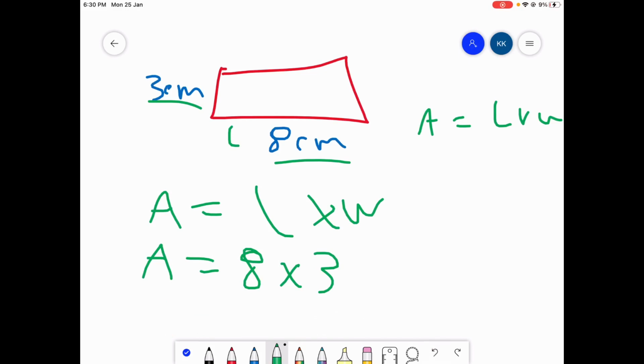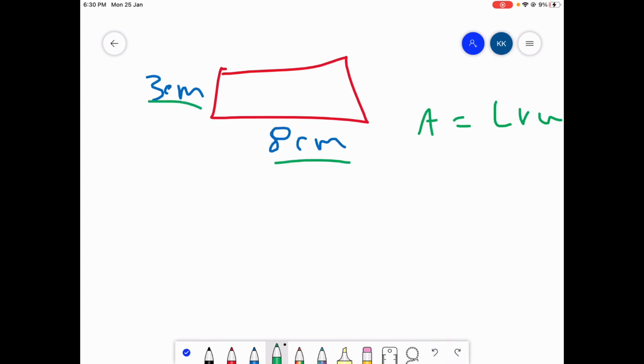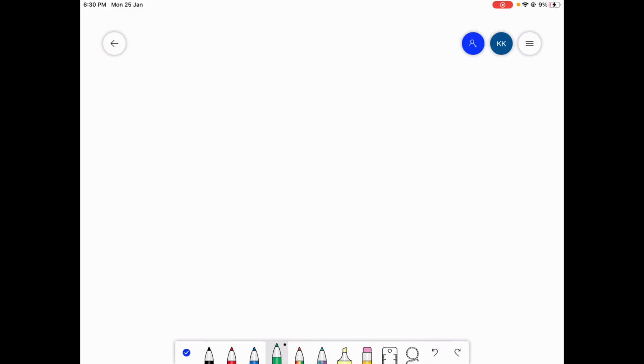Now we're going to talk about the triangle. Sorry, I said square, I mean the triangle. The area of a triangle is always half the area of an enclosing rectangle.